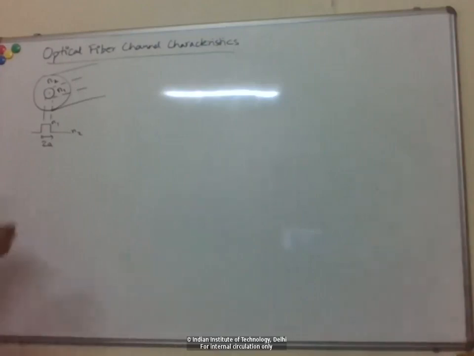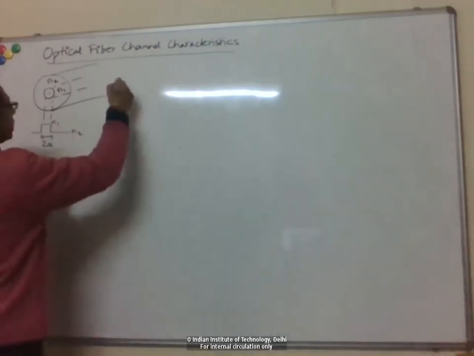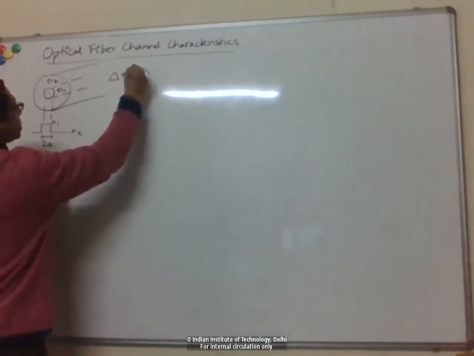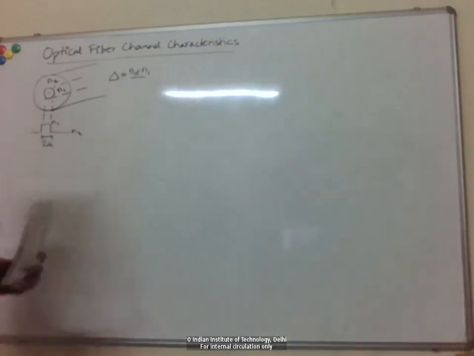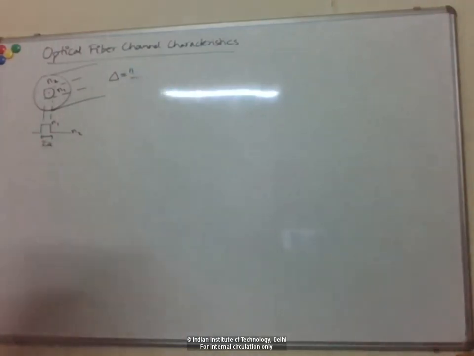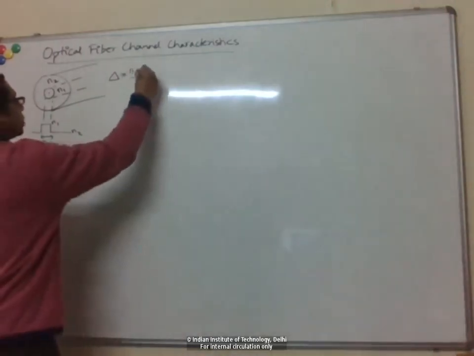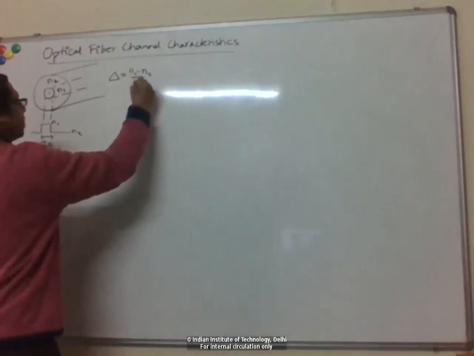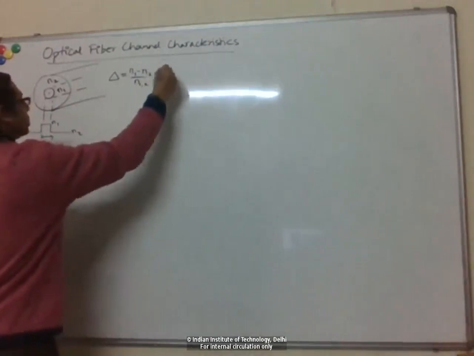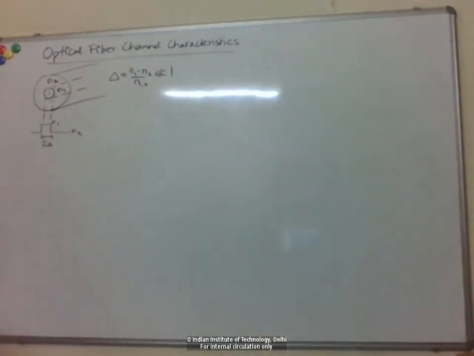And so you know that typically optical fibers have, we define this quantity delta, which is the difference in the refractive indices normalized to the refractive index. This is much less than 1 for typical optical fibers.